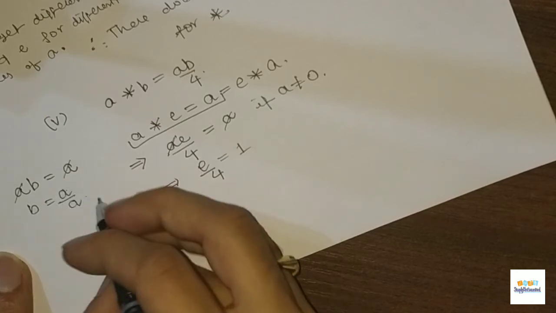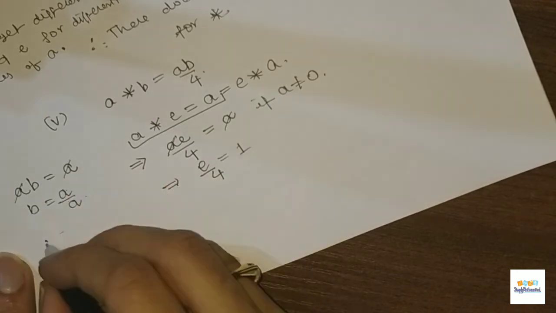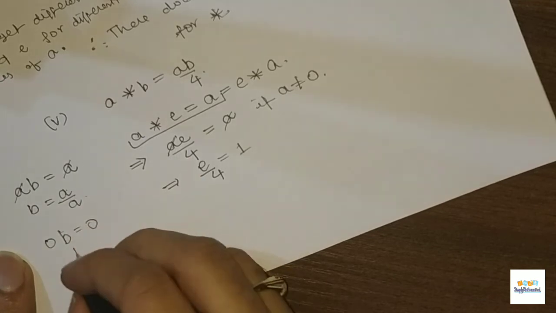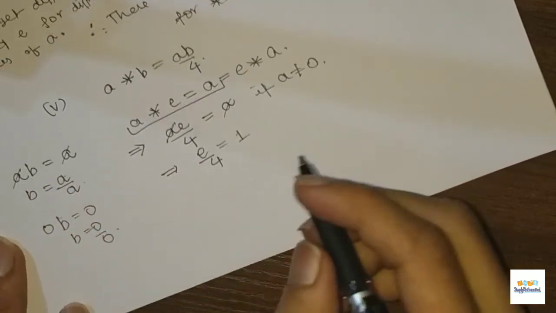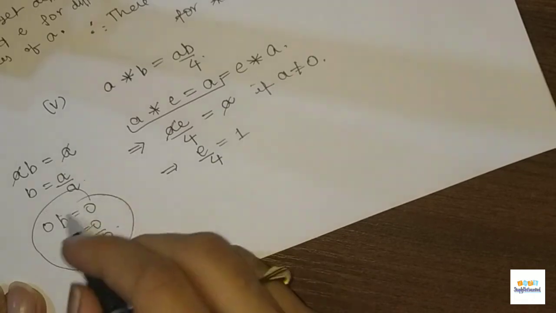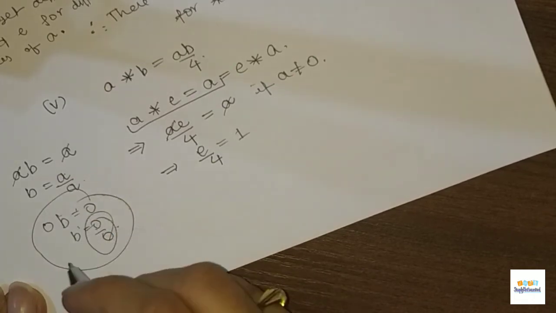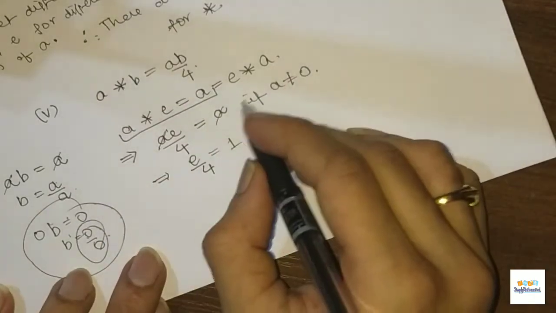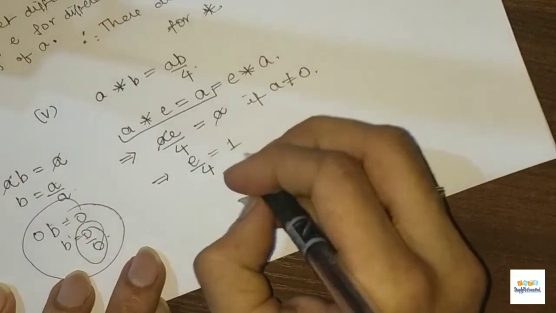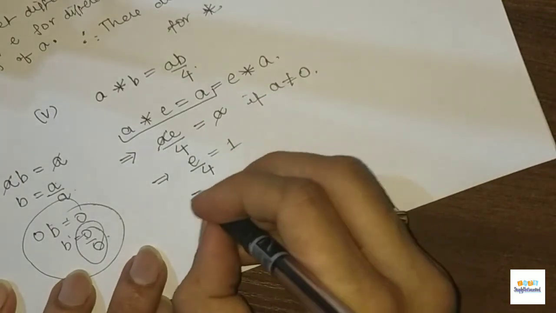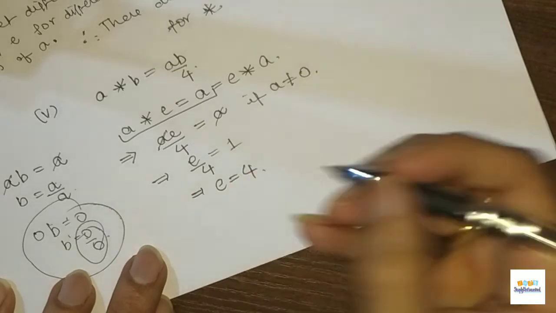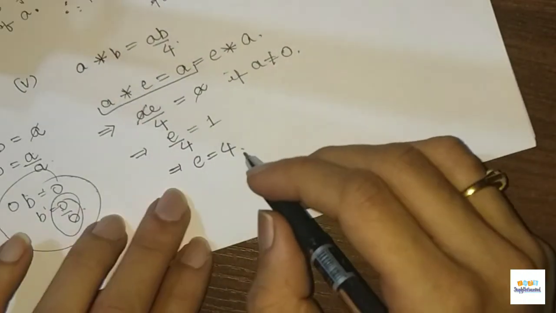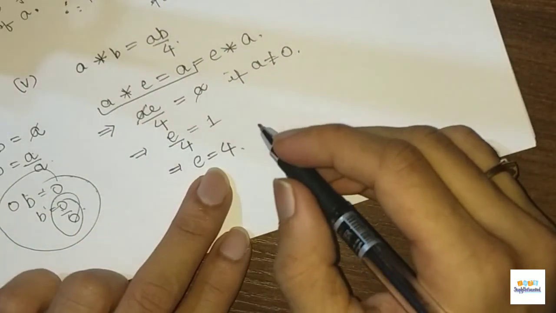So if you have a equal to 0, then 0 by 0 is not defined, right? This is not defined. So a should not be equal to 0, so e by 4 is equal to 1, right? So that is e is equal to 4. So this identity element we got as e equal to 4.